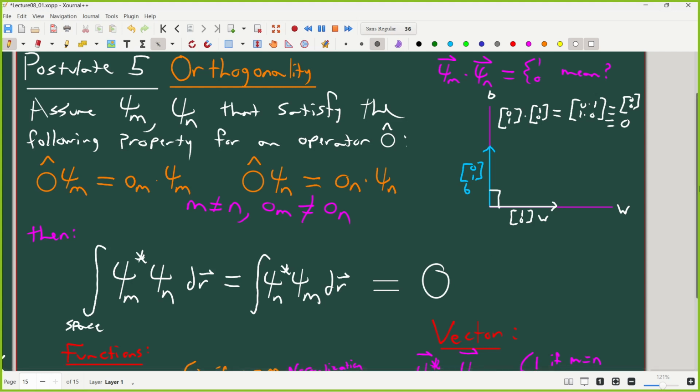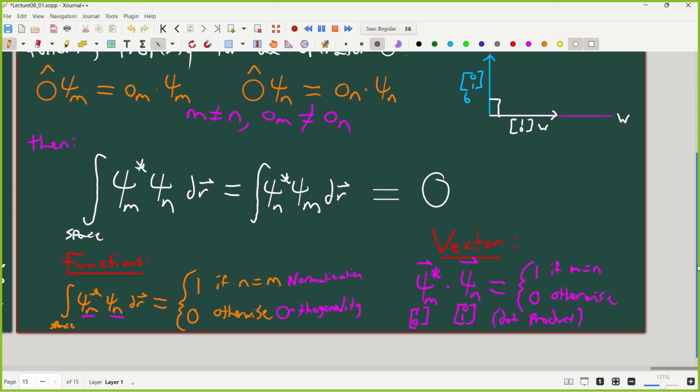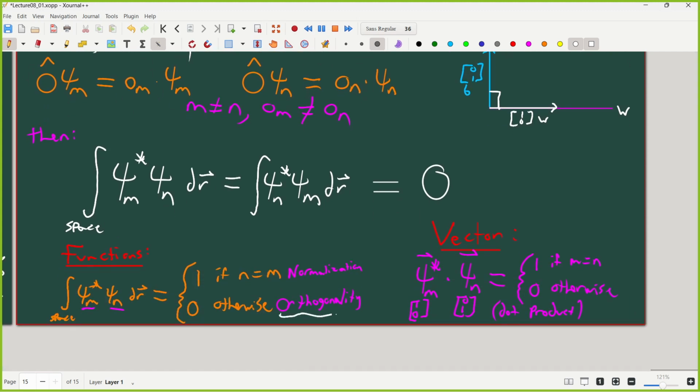When you dot a vector with itself, you get the length, which is 1 in our case. When you dot a perpendicular vector with a vector, you get 0, which means they're perpendicular. They have no similarity to each other. This idea of orthogonality is the generic term for perpendicular.